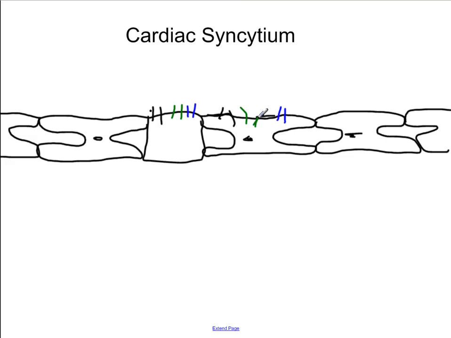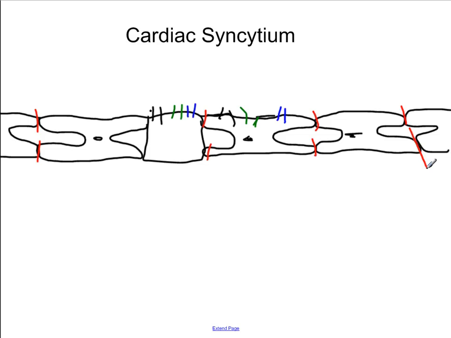And remember, in between all the cells, there are those intercalated discs, where you find those desmosomes and gap junctions that allow for that action potential to be propagated from cell to cell to cell.